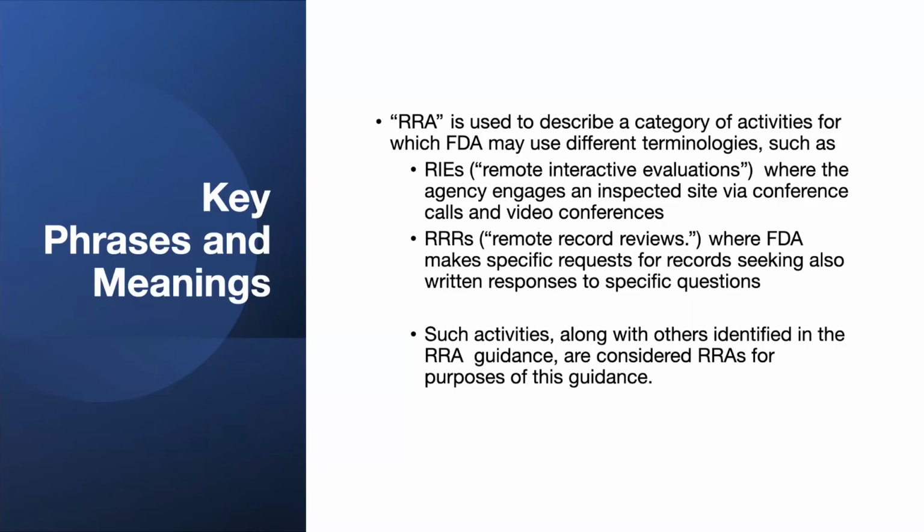But I want to say something about the video conferences, because keep in mind that these video conferences, yes, they are not inspections, but again, they are another form of evidence development for the agency.